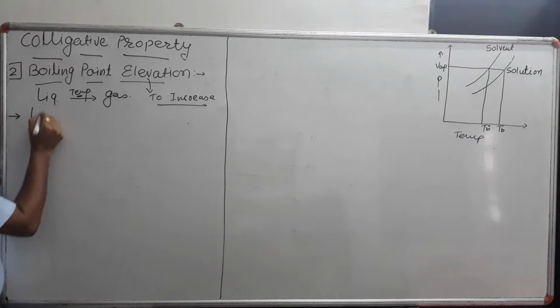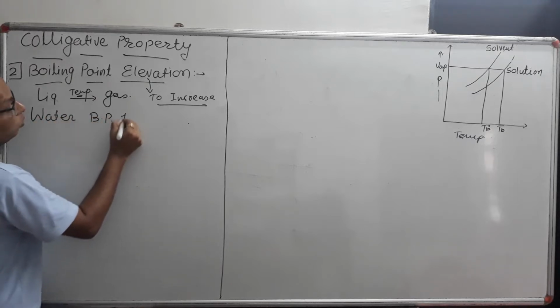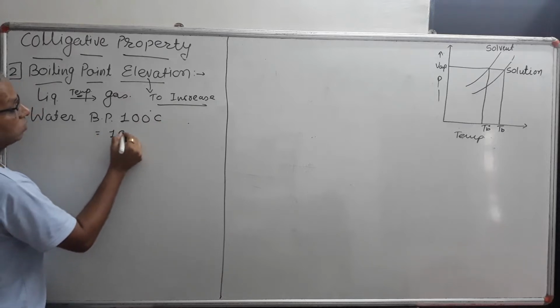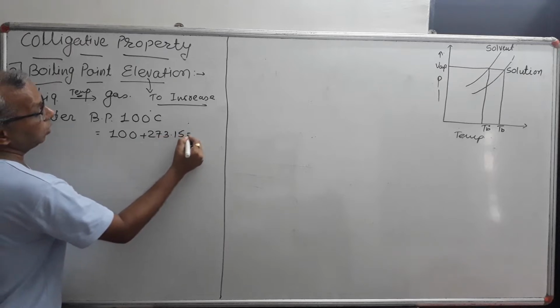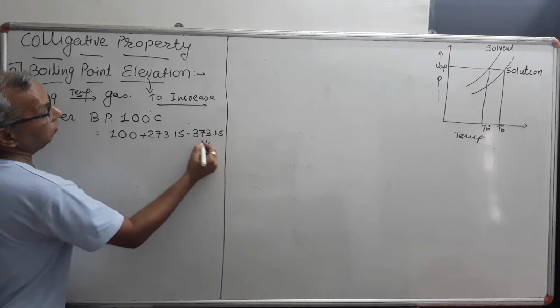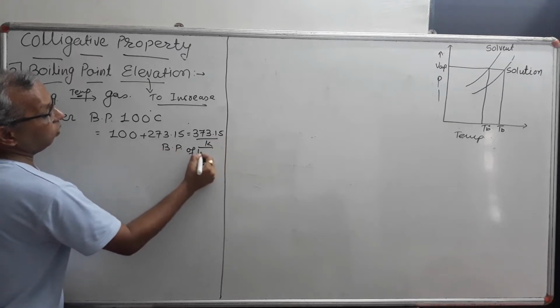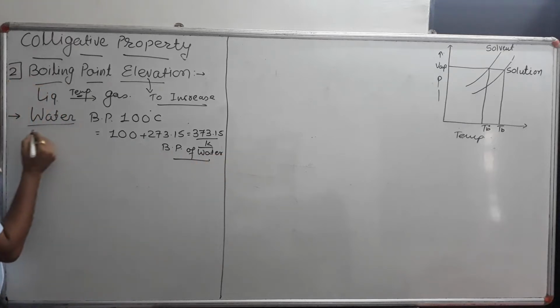For example friends, water has a boiling point, as you know, of 100 degrees Celsius, that is 100 plus 273.15, so 373.15 Kelvin is the boiling point of water, and water we can consider as a pure solvent.